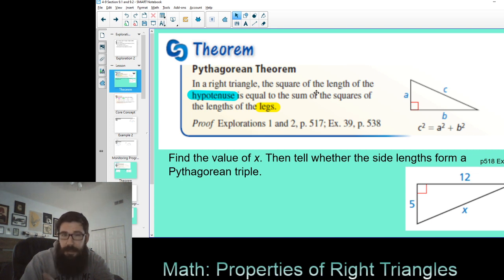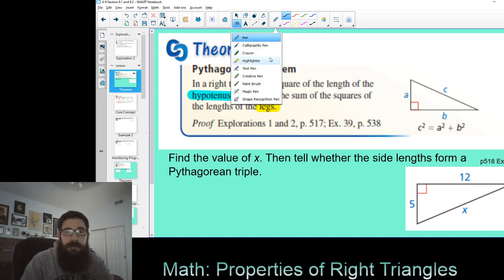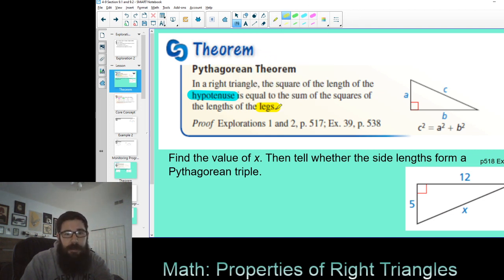Pythagorean theorem. Ideally, not a new skill, something that we've seen before, but as a quick refresher, I'm going to highlight a few things here. In a right triangle, we're going to have two parts. We're going to have legs, of which we have two. Those are the sides that always touch the 90-degree angle. They correspond to both A and B in your Pythagorean theorem.